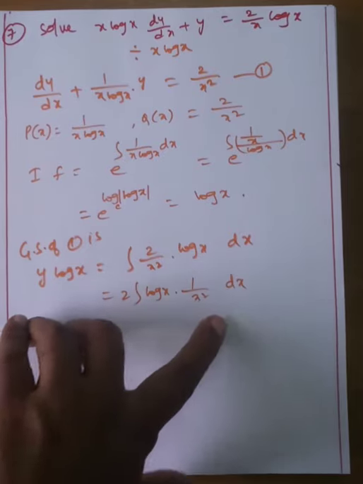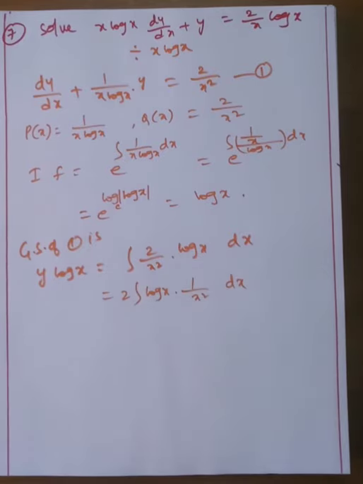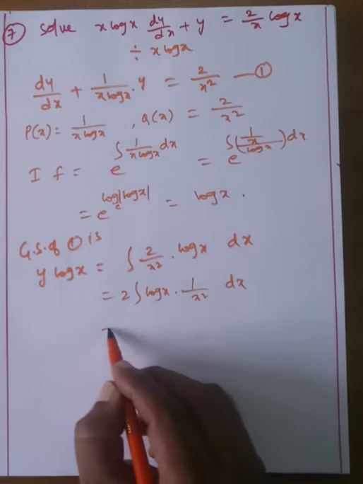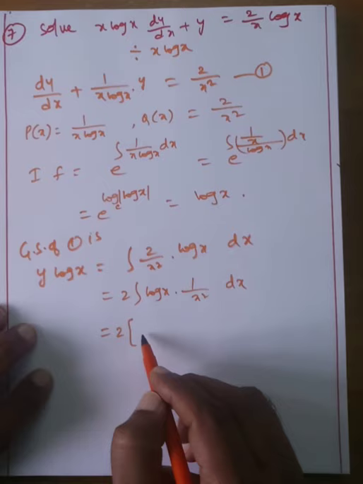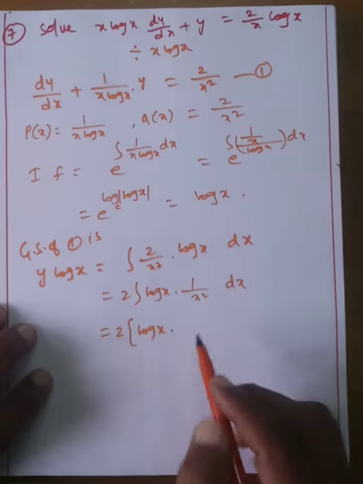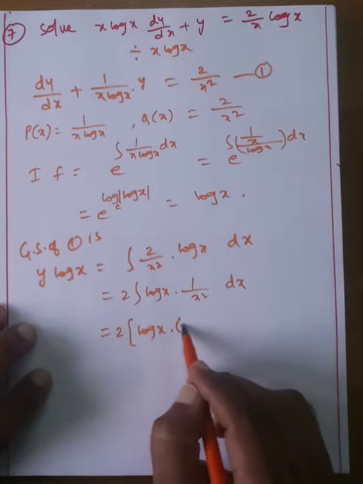Integral of f of x into g of x is f of x into the integral of g of x minus integral of derivative of f into integral of g, dx. Okay, here 2 into, write down the formula. First f of x means log x into the integral of 1 by x square, which is minus 1 by x.